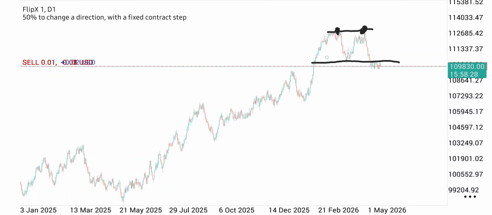This area of resistance here, which was support before and is now resistance after the breakout, is called the neckline of the double top.